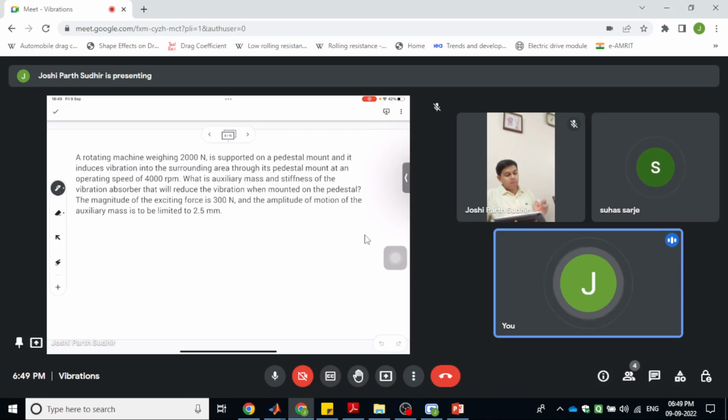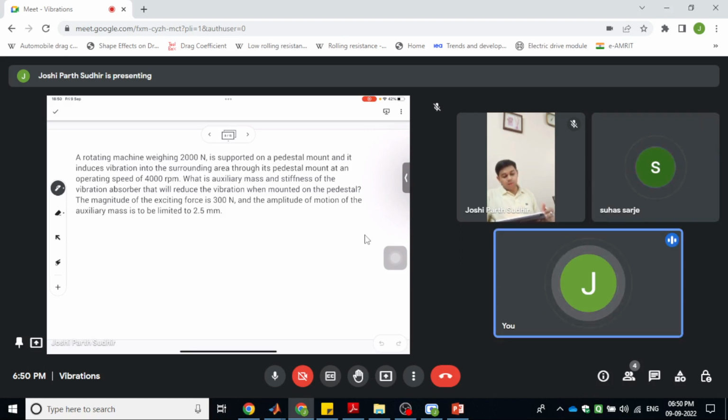Sure. So then we'll proceed to the next question. It's basically similar. We have been given that a rotating machine is supported on a pedestal, and it induces vibration into the surrounding area through its pedestal mount, and it is operating at a speed of 4000 rpm.